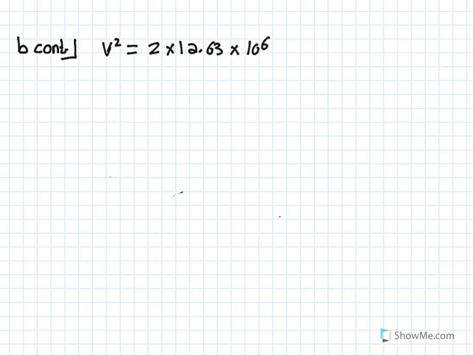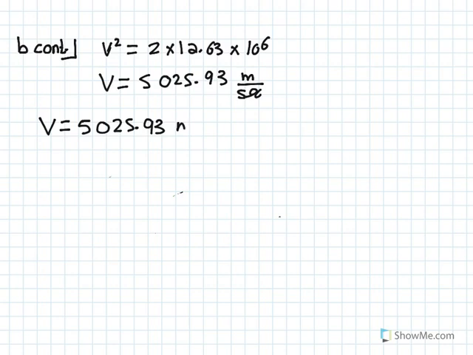Taking the positive square root, the escape velocity is approximately 5,025.93 meters per second. Now let's change these units to kilometers per hour to get a better sense of how fast the satellite has to be fired from the surface of the planet to escape the gravitational pull of Mars.